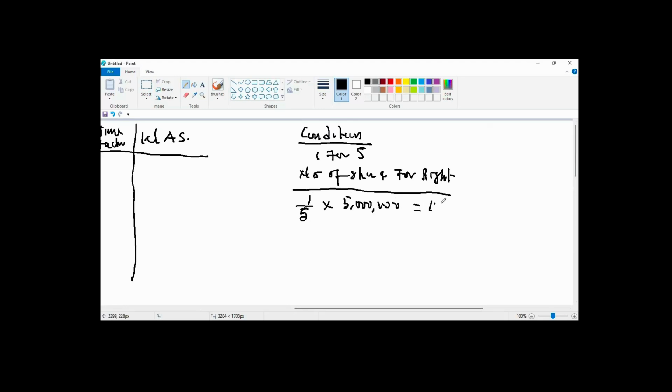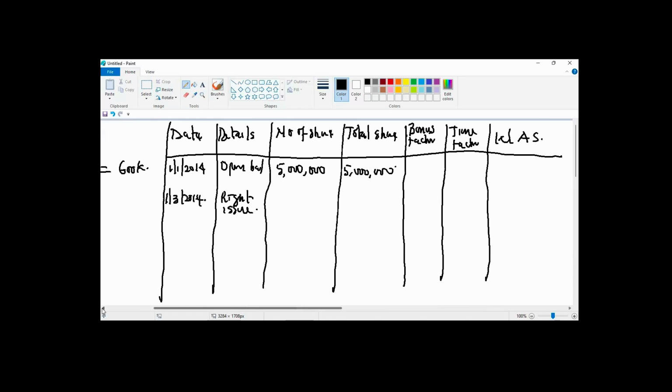This will give me 1 million. So 1 million is the right issue. So 1 million plus 5 million will give me 6 million. That's it. So I need to calculate the bonus factor.